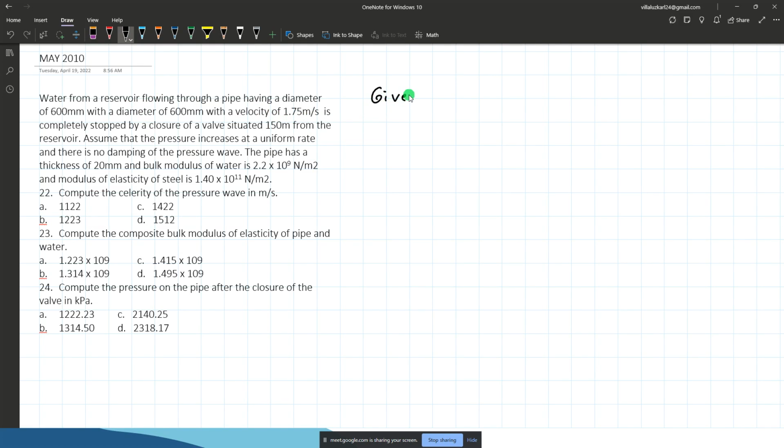So I'm going to be given first diameter 600 mm, velocity 1.75 meter per second, and it is completely stopped by a closure of a valve situated 150 meter from the reservoir.